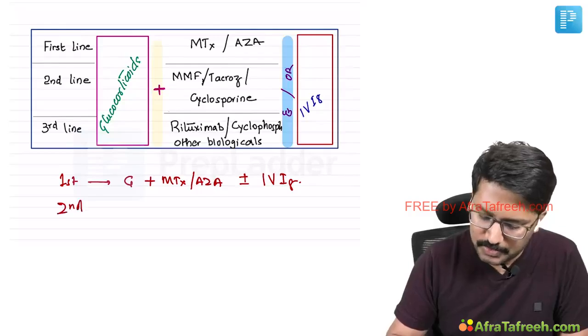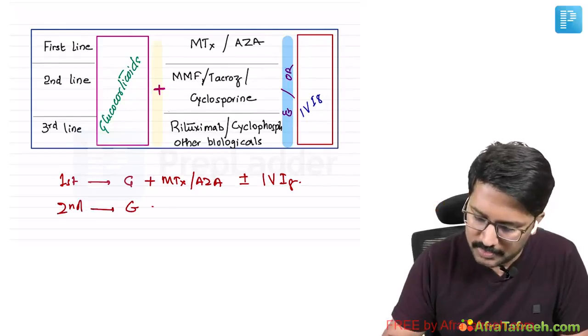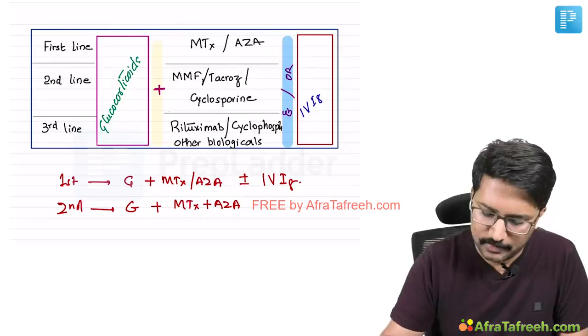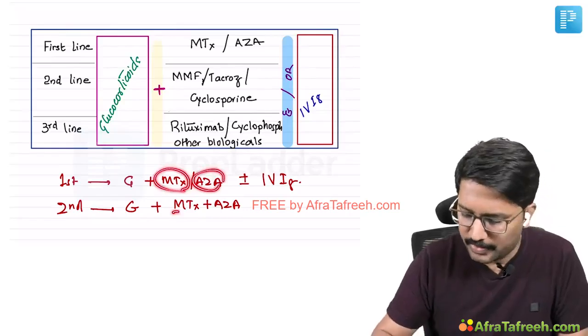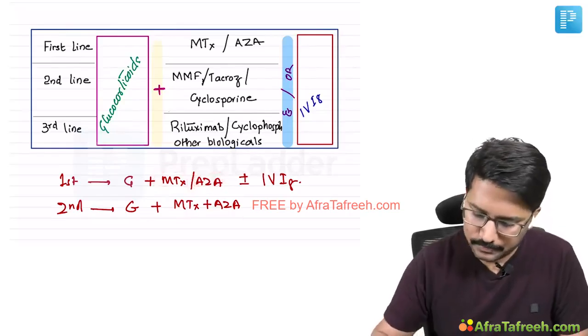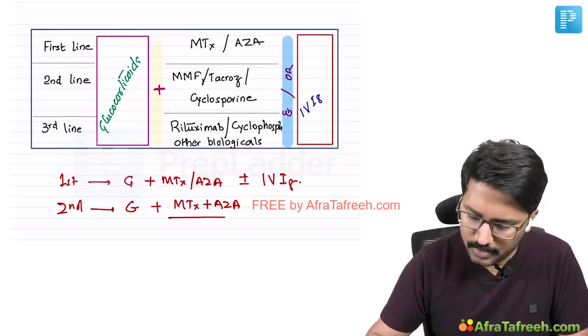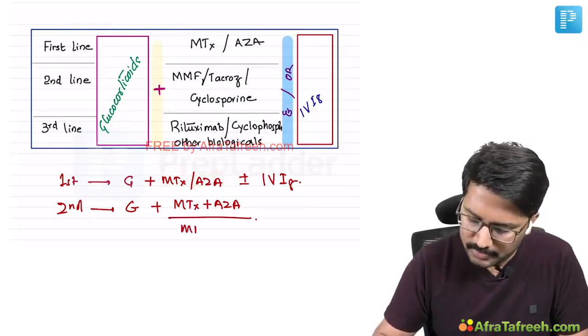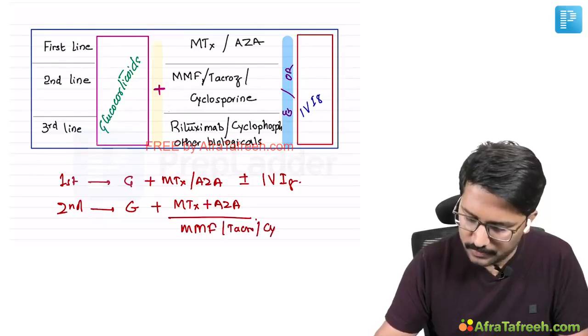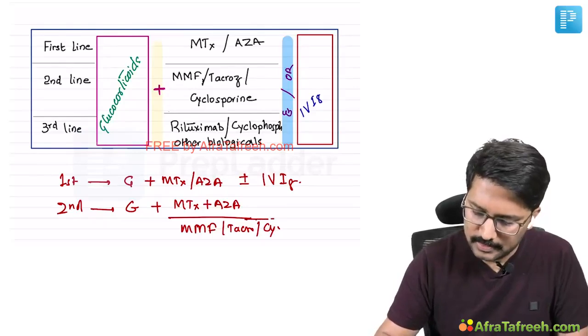The second line options include glucocorticoids, a standard part. You can use methotrexate plus azathioprine as a combination. Initially we had to choose one between the two, now we are combining both, or alternatively you can use mycophenolate mofetil, or tacrolimus or cyclosporine. Right? That is our second line agent.